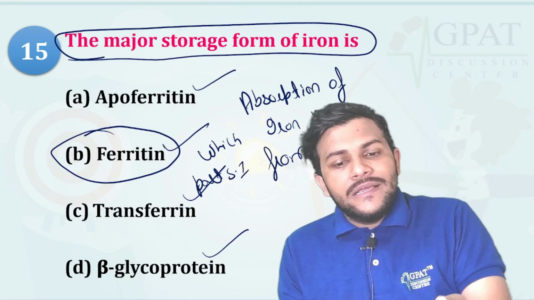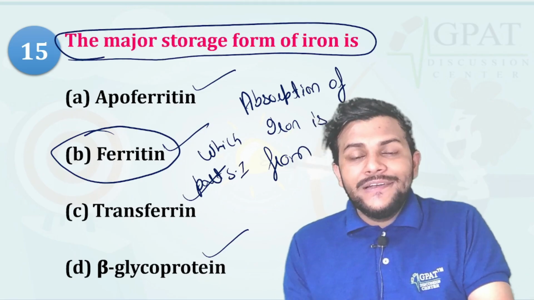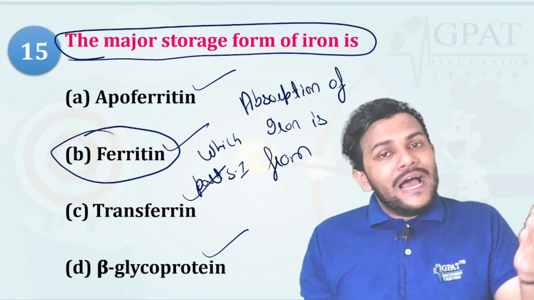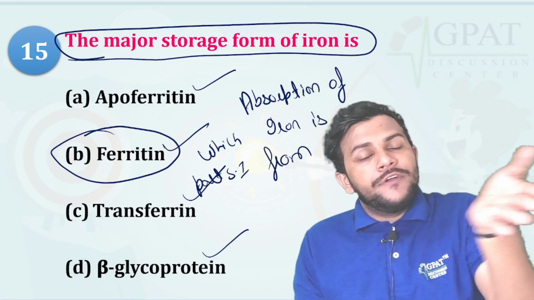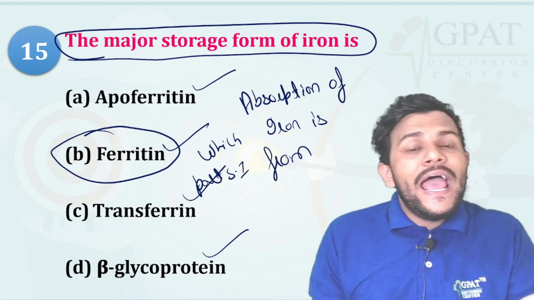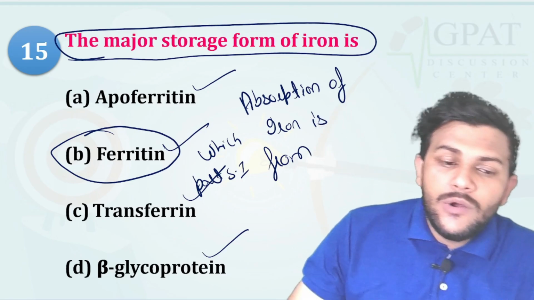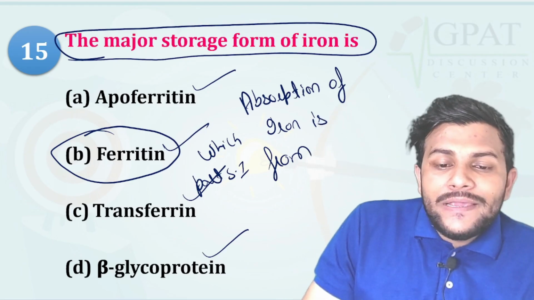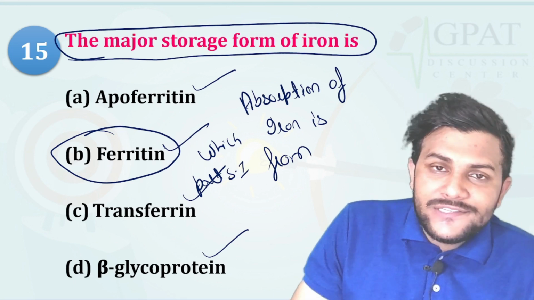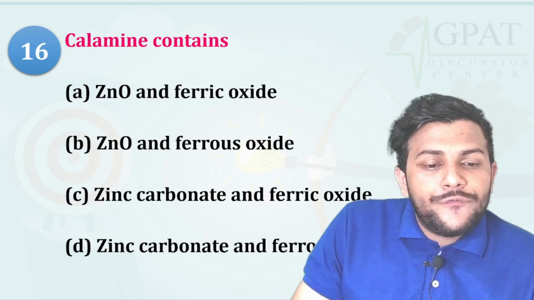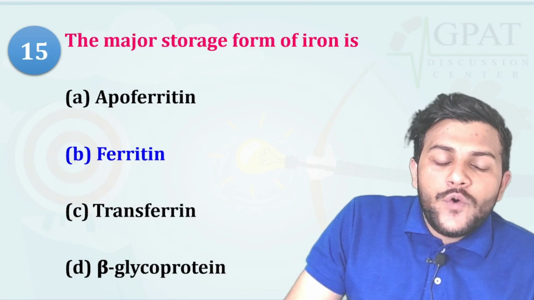You have to tell me where the absorption of iron takes place in the body. Yes, the ferric form Fe3 positive is converted into the ferrous form Fe2, and the ferrous form undergoes absorption. Got it? So you have to tell me the absorption site of iron in the small intestine in the human body. So ferritin is the storage form of iron.